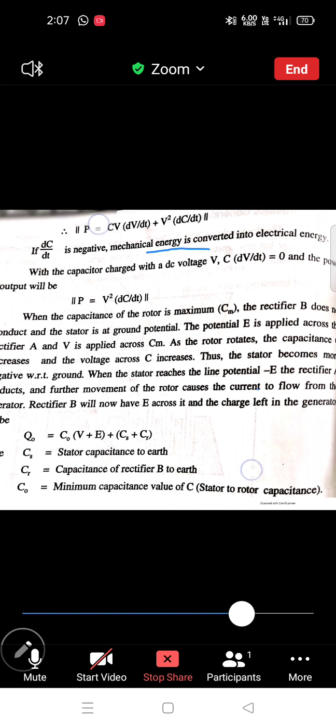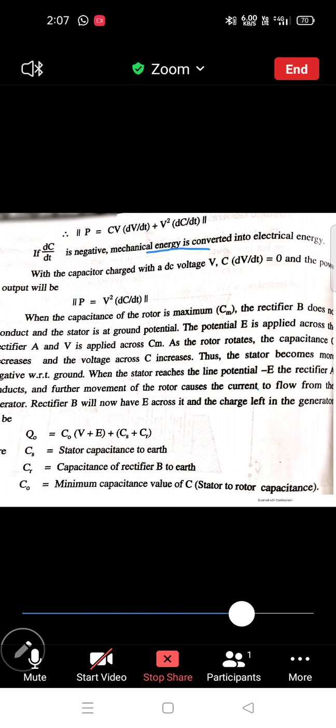Now when the capacitance of the rotor is maximum, the rectifier B does not conduct and the stator is at ground potential. The potential E is applied across the rectifier A and V is applied across Cmax. As the rotor rotates, the capacitance C decreases and the voltage across C increases.